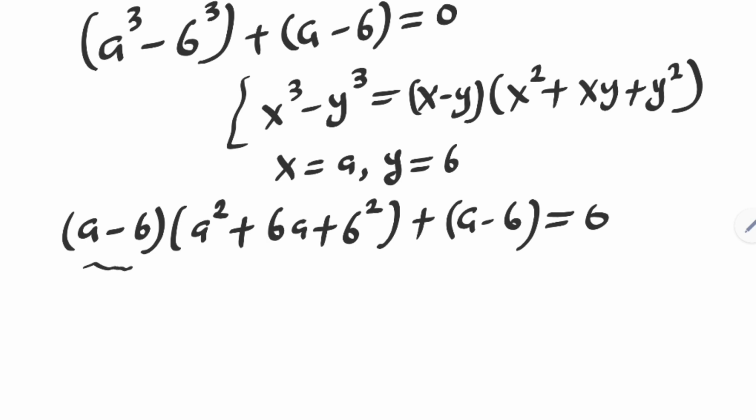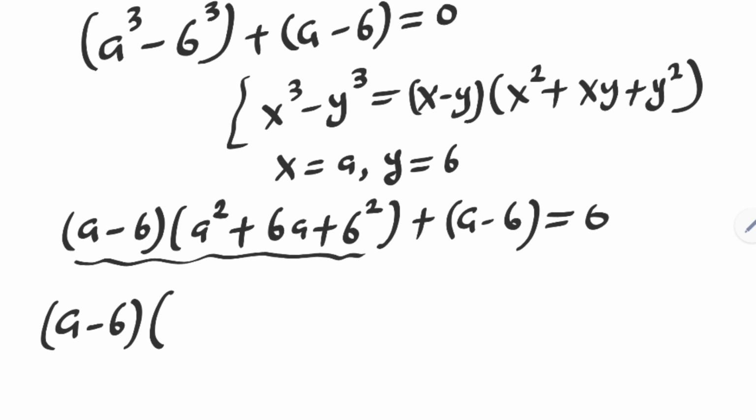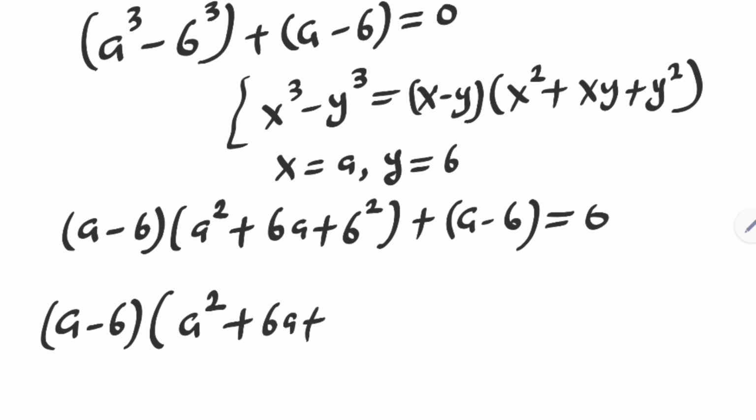You can see that a minus 6 is common and is here. Let's bring it out. A minus 6 bracket. If you divide the whole of this by this a minus 6, we have a square plus 6a plus 6 square, that is 36.